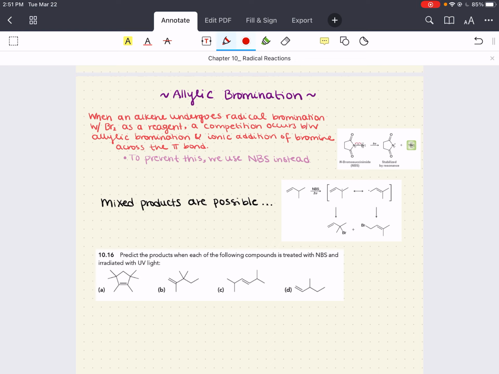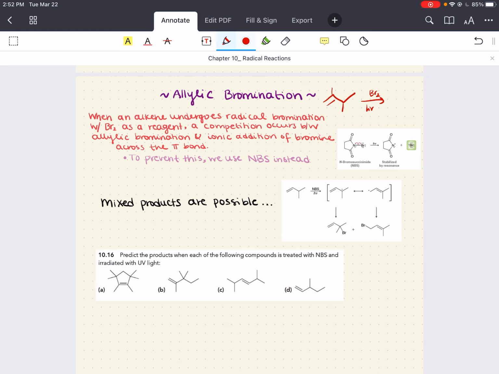All right, so if you have something that looks like this and you treat it with Br2 and light, you're going to have a competition between adding allylic bromine and then also simply just adding the bromine across the pi bond and completely losing the pi bond. You're going to have that competition occur between allylic bromination and ionic addition of bromine across the pi bond.